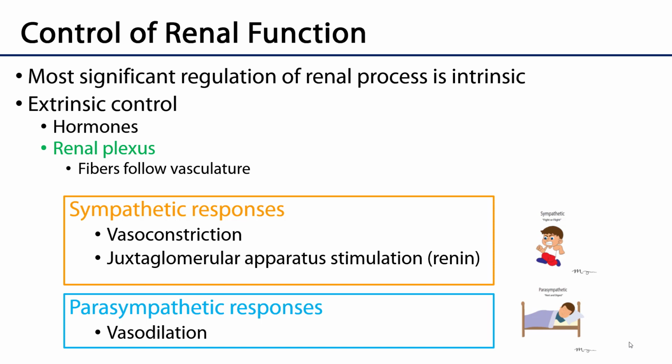We'll also see the stimulation of the juxtaglomerular apparatus, meaning a secretion of renin and the beginning of the RAA pathway. In terms of the parasympathetic response, we'll see vasodilation, which is more just a return to baseline tone of the vasculature.